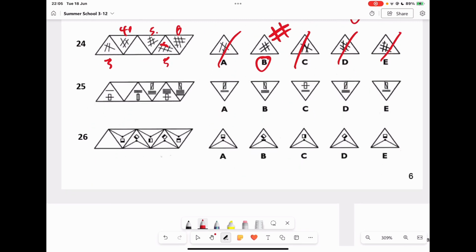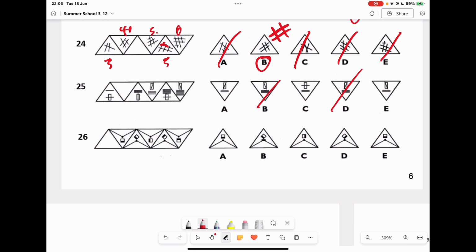Okay, 25. So 25, we can see that there will be a rectangle at the top, which is the case in all of our questions, but then there will also be 2 lines. So because there are 2 lines, it cannot be B or D. And then we're also looking at the orientation, or the direction of the line going through the rectangle.